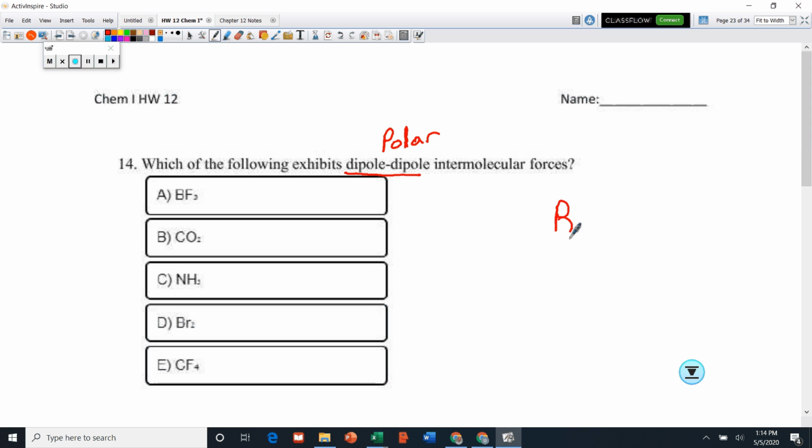So boron BF3 looks like this. And I'm not going to fill in the dots around it. CO2 looks like this. And that should be a straight line, not kind of bent like that.